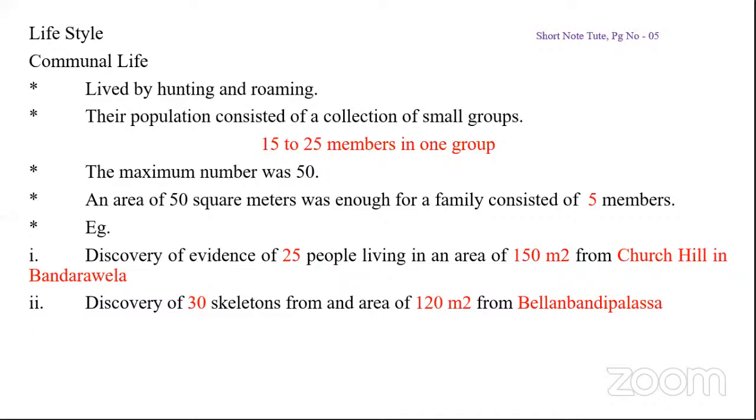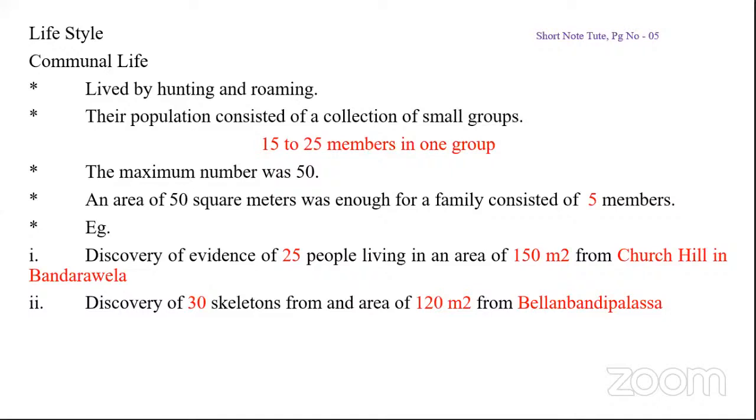From there we have found evidences about 25 people living in an area of 150 square meters. Now you can divide 150 by 25, and we can't take exactly 50 square meters, but the average use of space is given by Church Hill in Bandaravela.